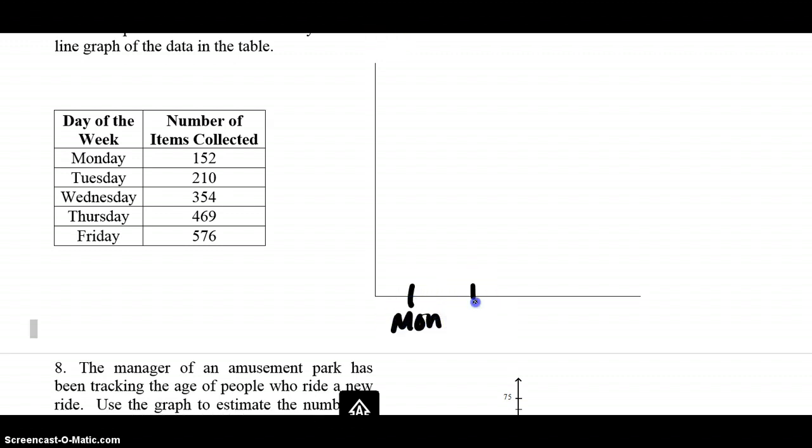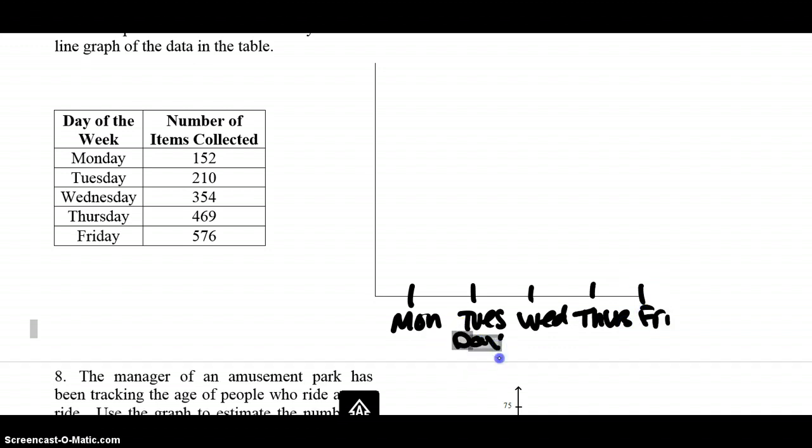Alright, I'm going to start with my labels. So I have Monday, Tuesday, Wednesday, Thursday, and Friday. Make sure those are equally spaced. Down here it is days of the week. Then up here I have to start at 152 and go all the way up to 576, so I'm just going to go up by 100.